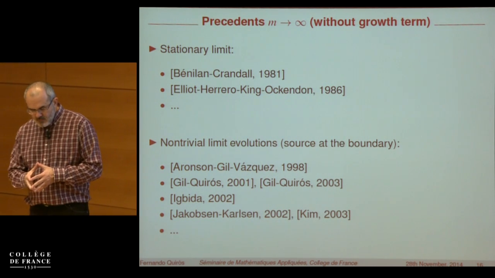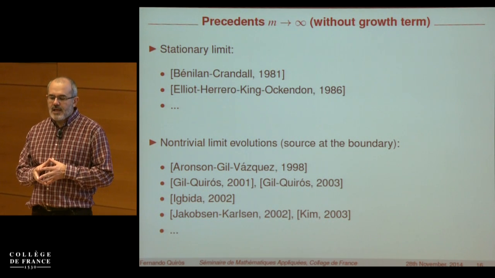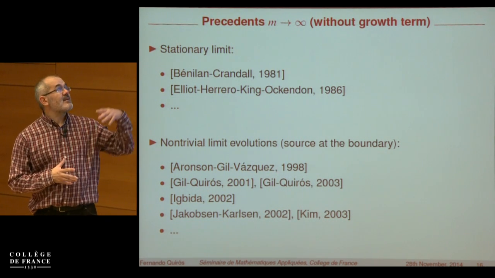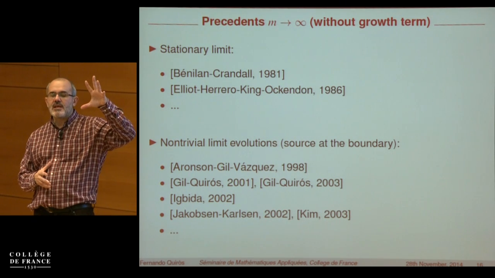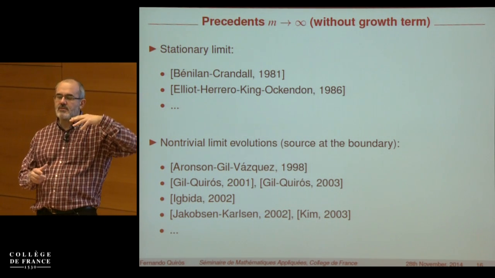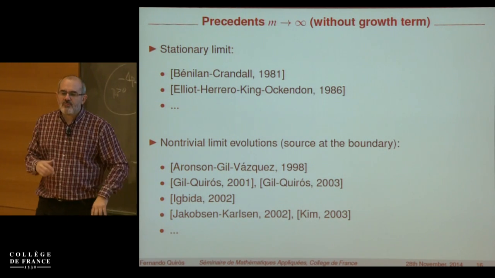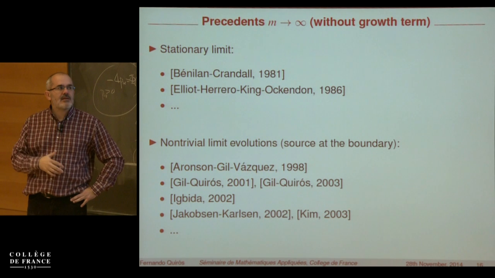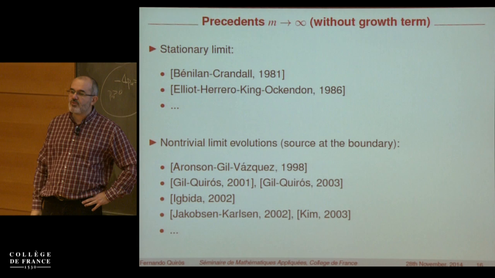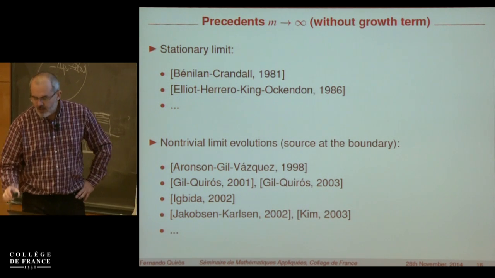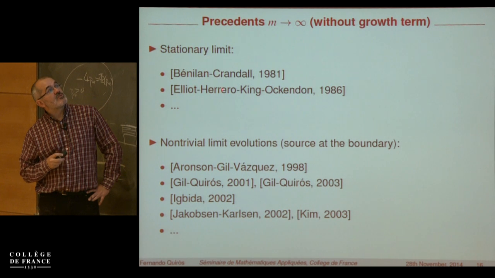Most of the work is devoted to see how projection takes place, because they consider initial data which are incompatible with the limiting graph, and then what you have in the limit is a projection onto a mesa. People talk about the Mesa problem when they talk about m going to infinity. They never identified this as a Hele-Shaw problem because there was no evolution.